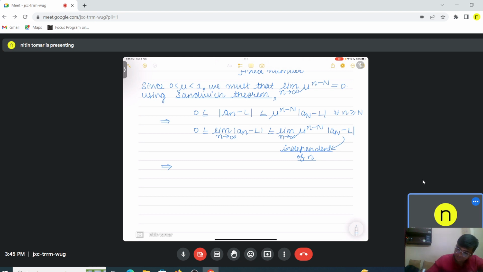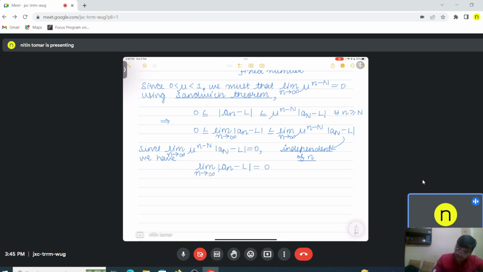Since the limit as n goes to infinity of mu^(n-N) times |a_N - L| is 0, we have that the limit of |a_n - L| is 0.